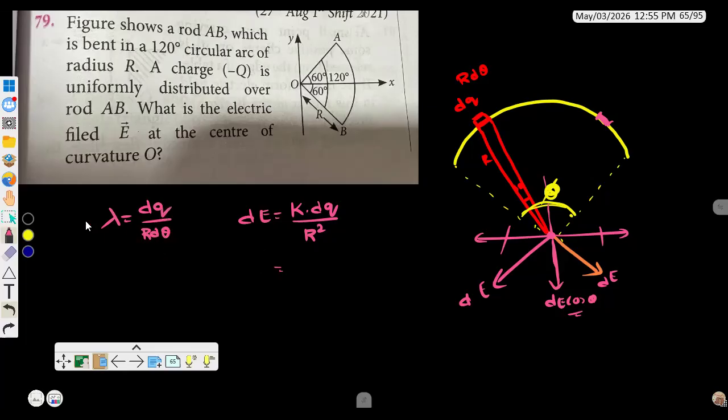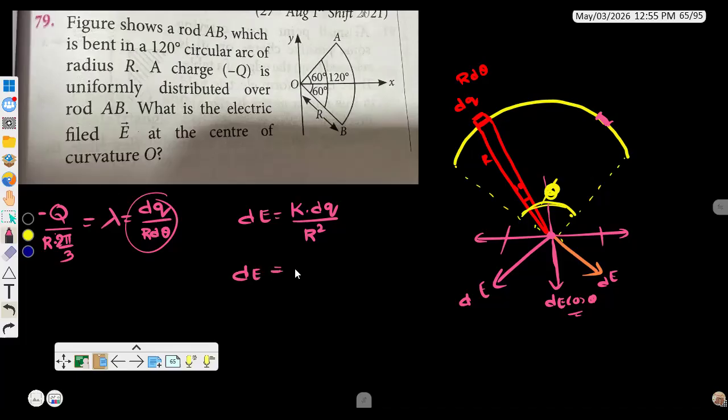This is also equal to the total charge upon the total length of the rod. The angle is 120 degrees, so in radians, with charge minus q, it is minus q upon r into 2 pi by 3, total charge upon total length.